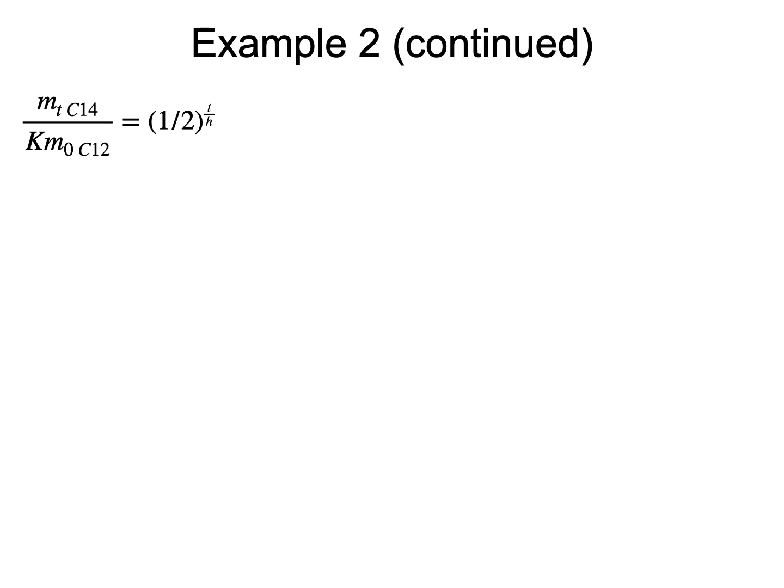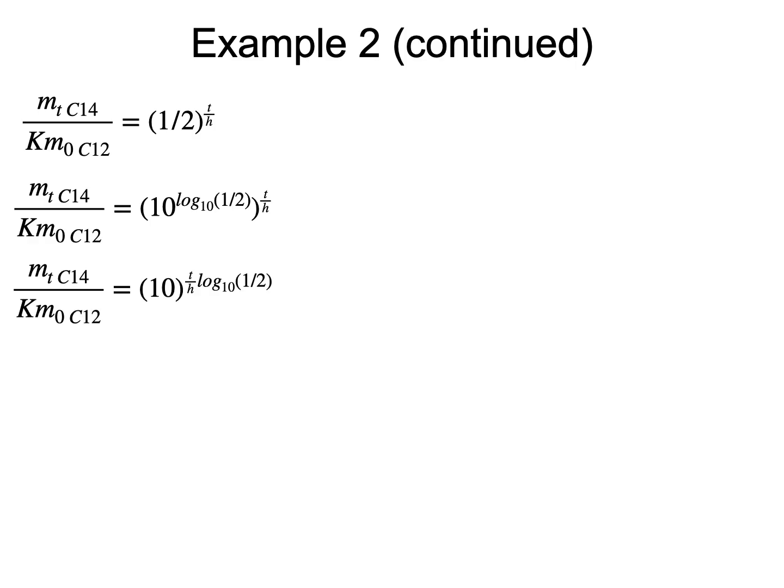Let us start where we had left off. The goal is to isolate t. Since we can evaluate the log base 10 with a scientific calculator, we will change the base 1/2 into a power of 10. The next step is to recall that the power of a power involves the product of the exponents.